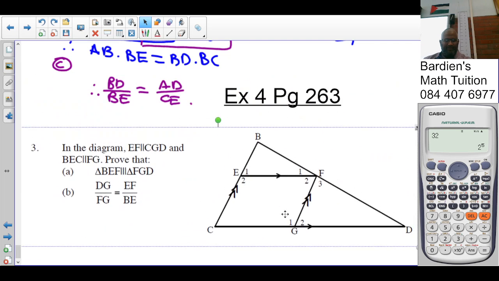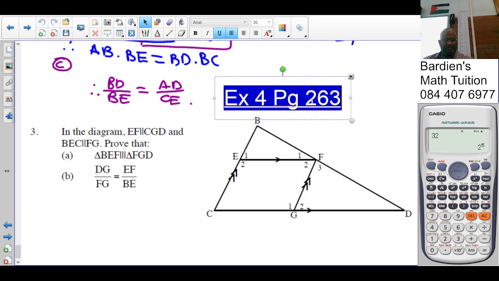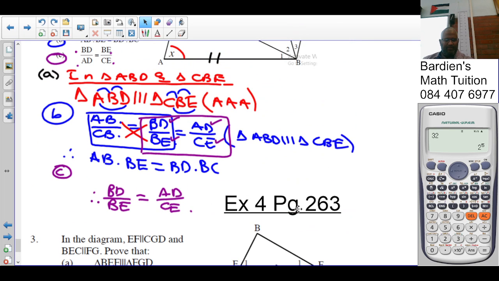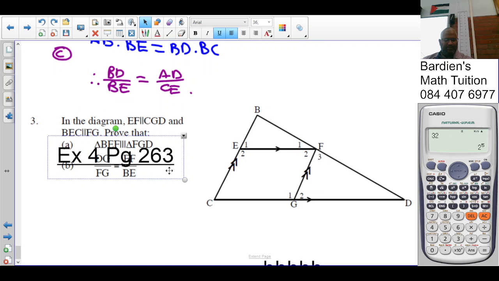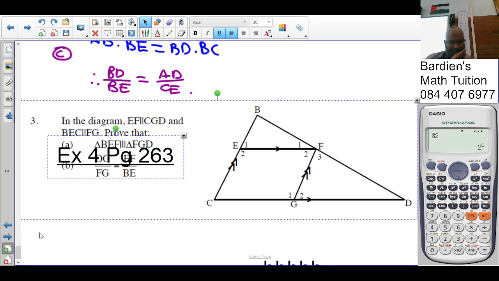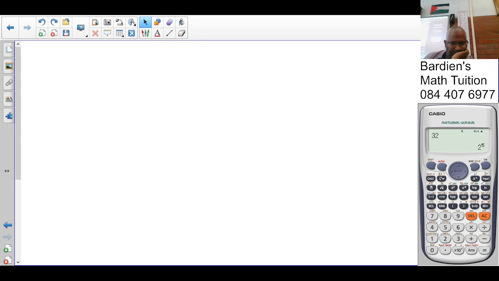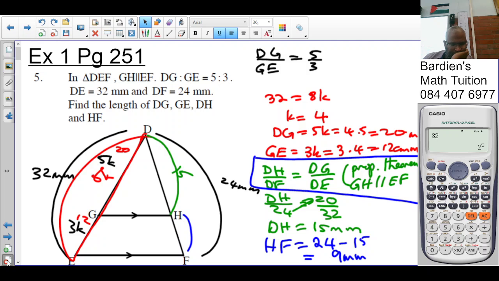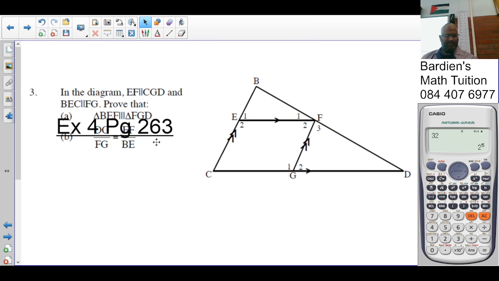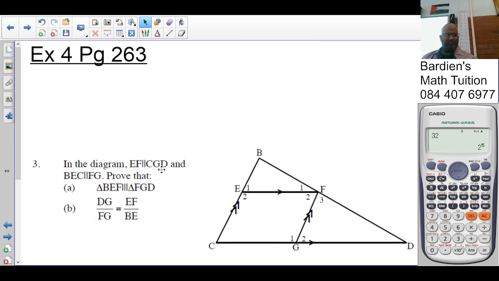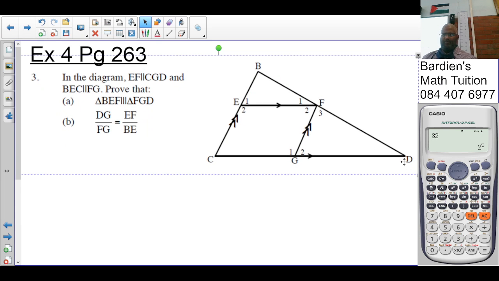This is exercise 4. On exercise 4, page 263, we're looking at number 3.